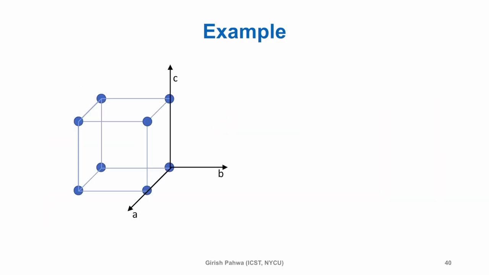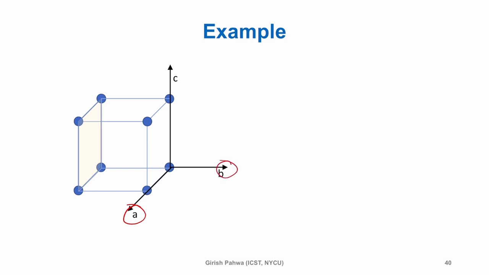What if I have something like this? Let me talk about the plane first. This plane, the shaded one. What's the intercept on this? No intercept. It's not going to intersect. So infinity.